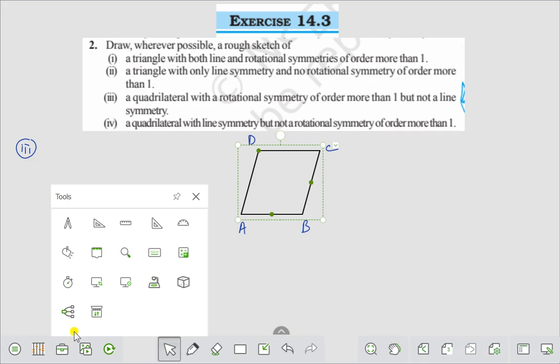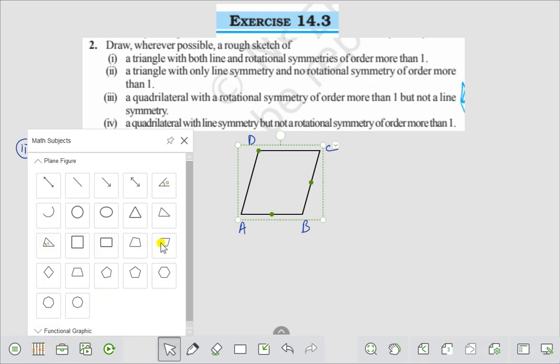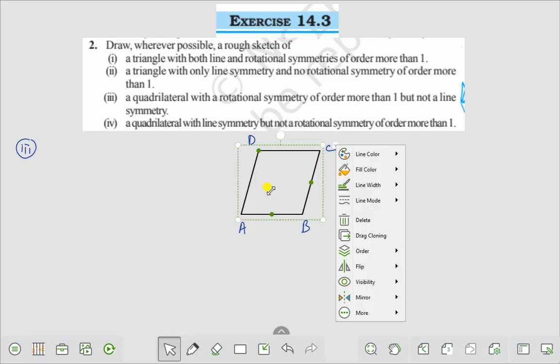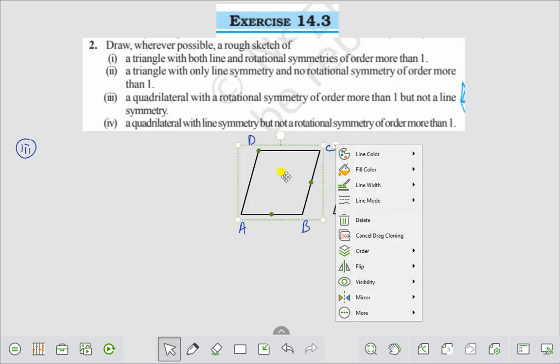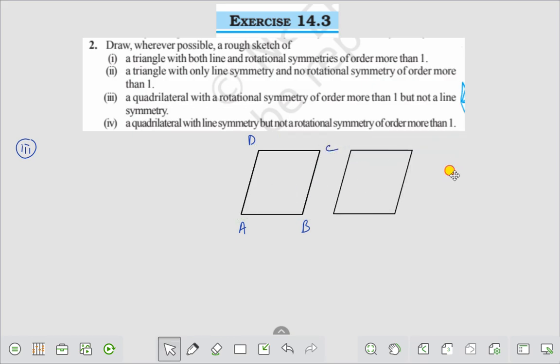Let us take this one and clone it, 1 and 2. Now if I take this point, this is the arrow.